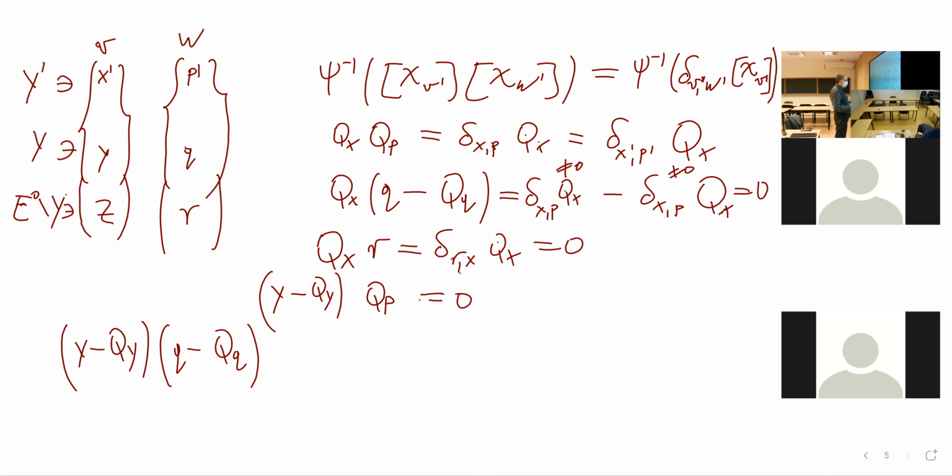Again, as already argued, we get Kronecker's delta everywhere between y and q. The only thing we didn't argue is that y times q is Kronecker's delta. Well, again, if you just look into the definition of qq, you will see that y must be equal to q, otherwise it will kill q completely.